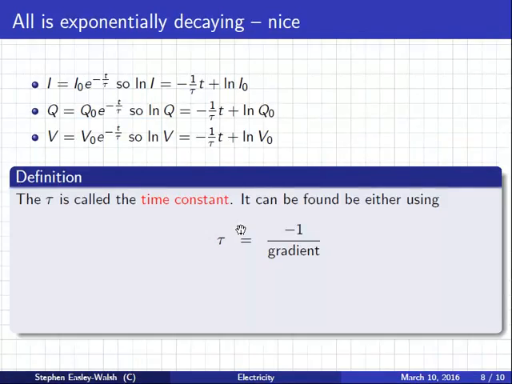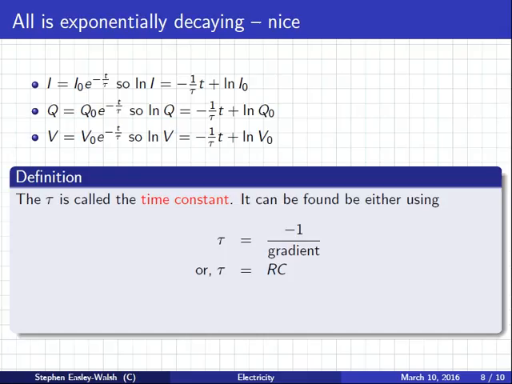That's one formula to calculate the time constant. It's minus 1 over the slope. But what's the problem with this formula? The problem is you need to make a graph. So is there another formula to calculate the time constant? And there is. I won't do the proof of this, it's not on the exam, and it's quite difficult.